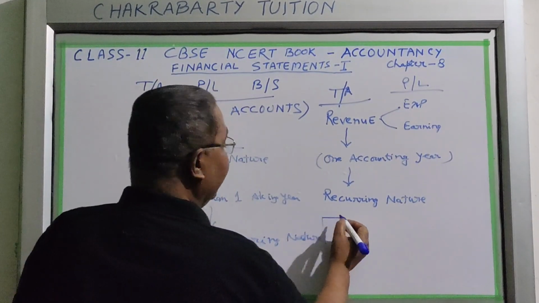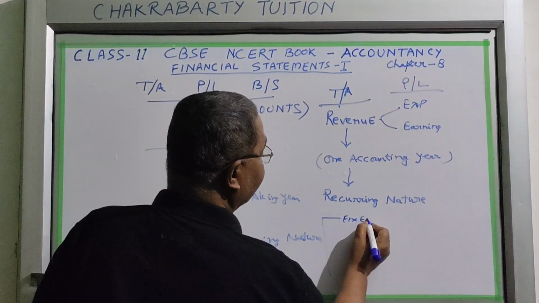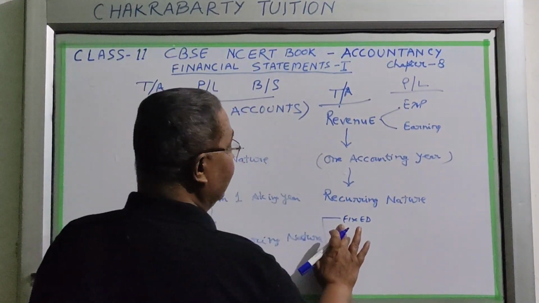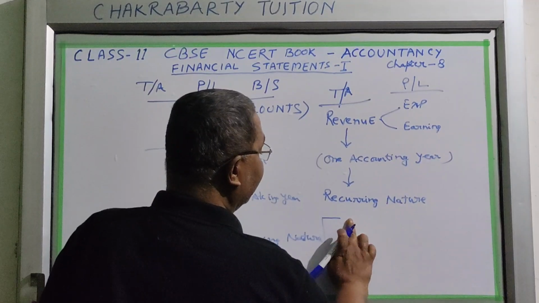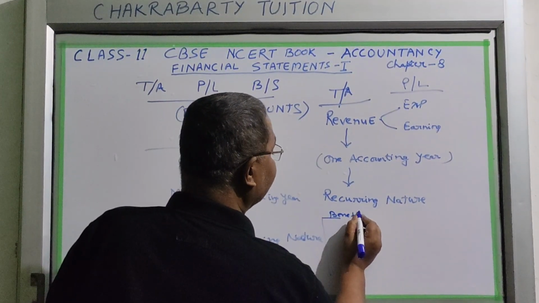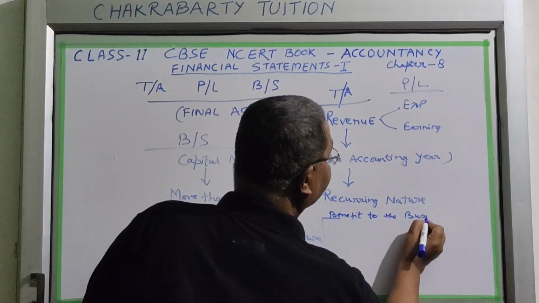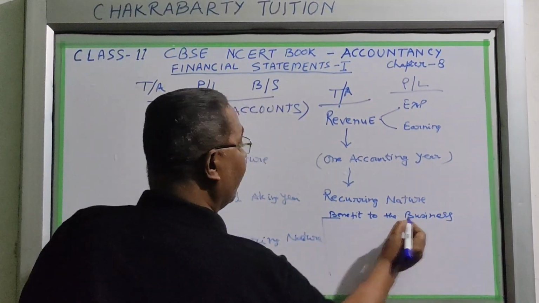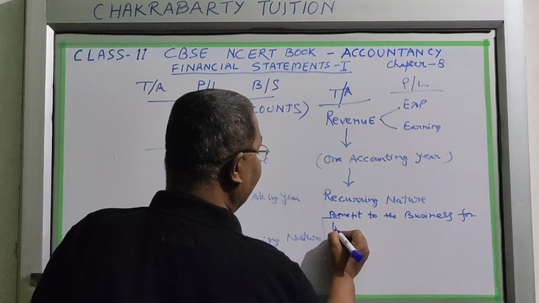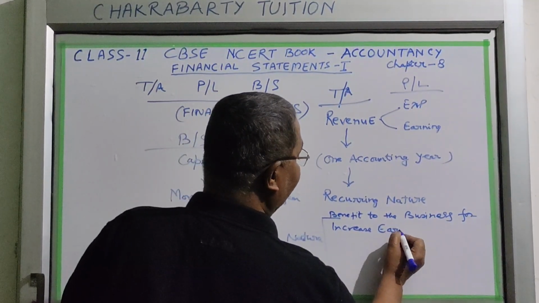It can be fixed assets, anything whose benefit we are going to earn for the business for more than 12 months, to increase earning capacity, like machines and all that.